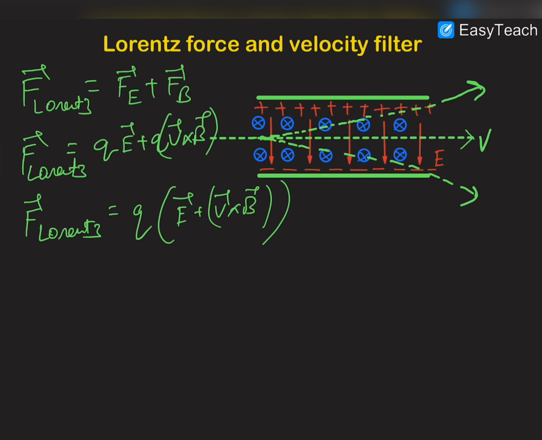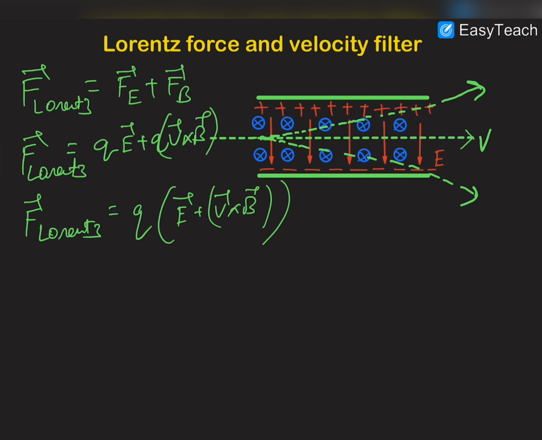You can see that these magnetic lines are parallel to the plates, and these magnetic lines are perpendicular to the length of the plate. This is the length of the plate, and this magnetic field line is going inside the plane. So these lines are parallel to the plates, but perpendicular to the length of the plate. So these are going inside the plane of this screen, and the electric field is from top to bottom.